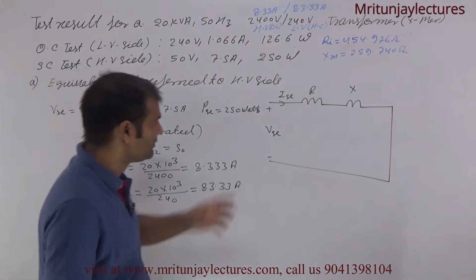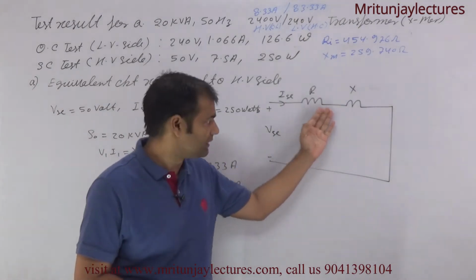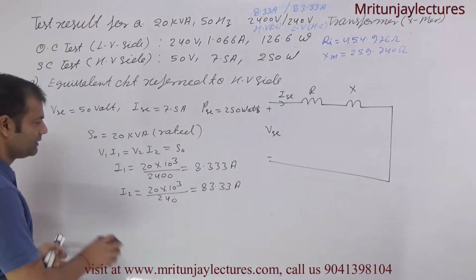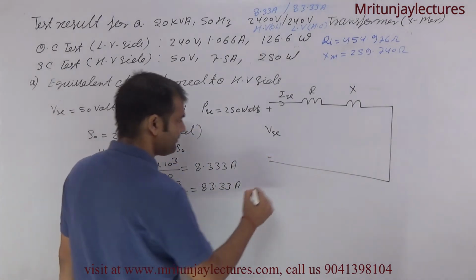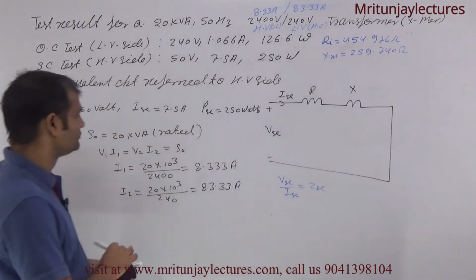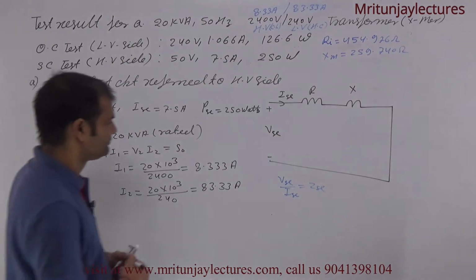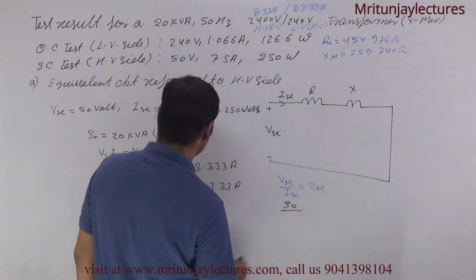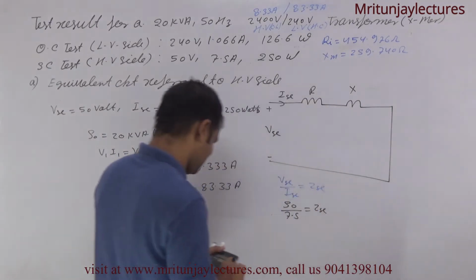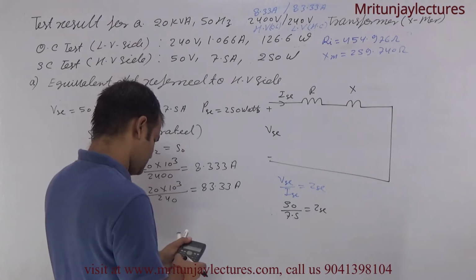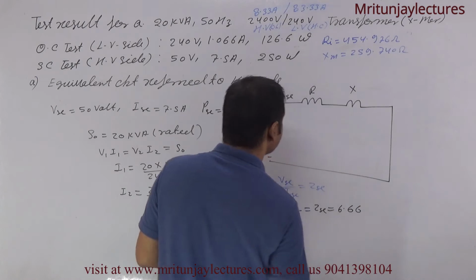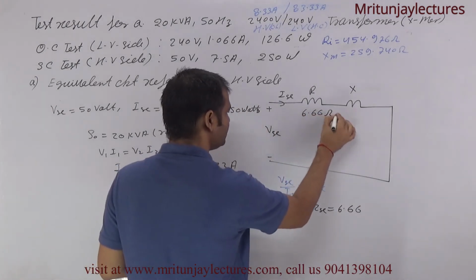First of all, determine the equivalent parameters of the circuit. VSC divided by ISC is equal to ZSC, so 50 divided by 7.5 is 6.66 ohm.